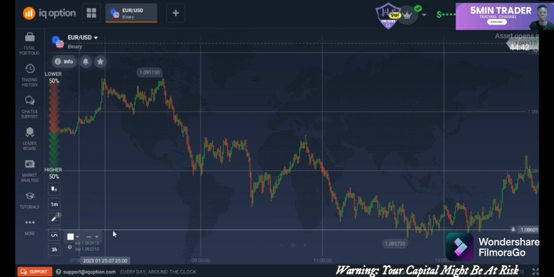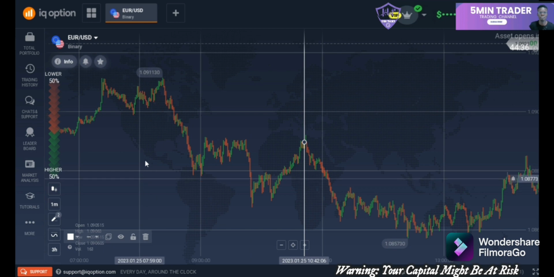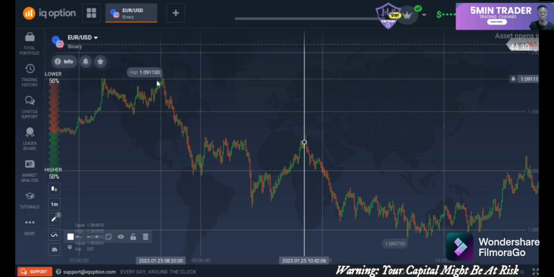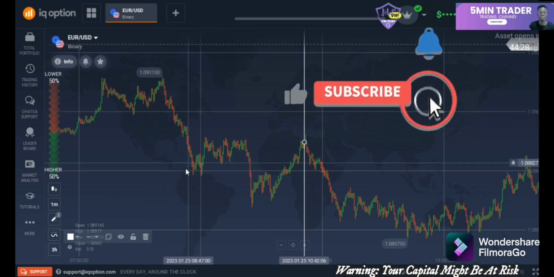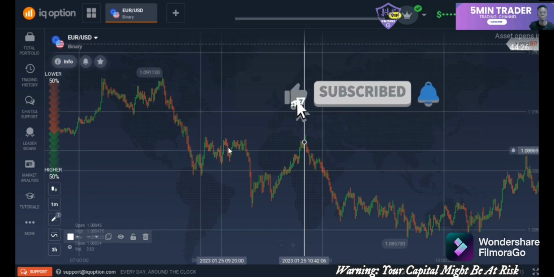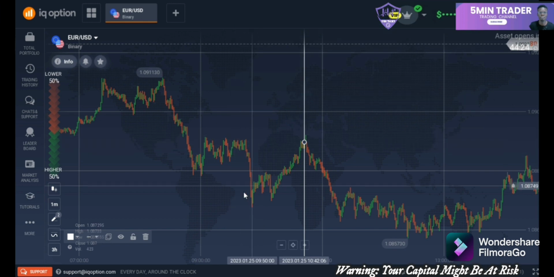When we came in, let's assume that the market was here. Now we will consider this chart to be a downtrend. Why? Because this is a high, this is a low, this is a lower high, this is a lower low. You can see. So this is a downtrend.